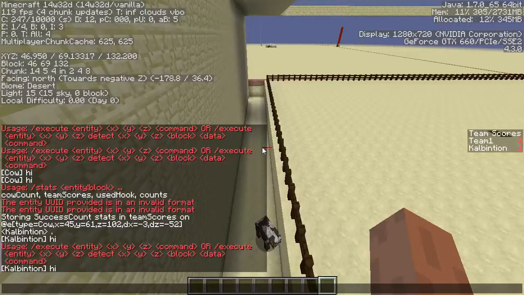Alright, that explains why the team scores variable that I was getting while you were off looking at the wiki was only getting set to 1 instead of additionally adding to it. I think if I was going to go this route with stats entity instead of stats block, the command I would have to execute at them would be... I don't even know.